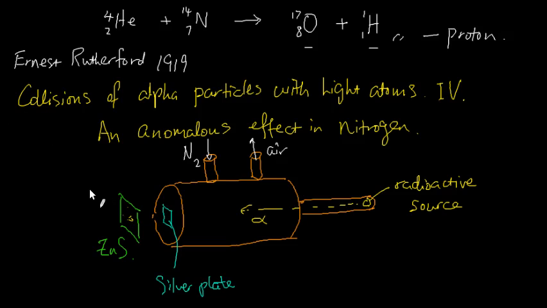Let me describe what he found. The particles that are coming out through the silver plate are positively charged. They have the same charge as the electron, which is e, and they have the same mass as the hydrogen atom.